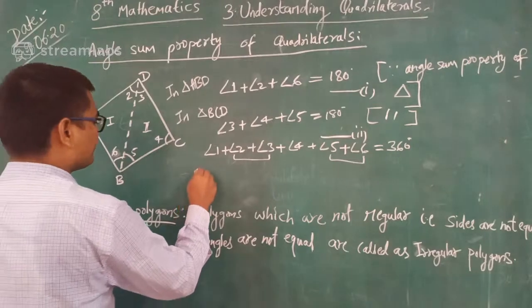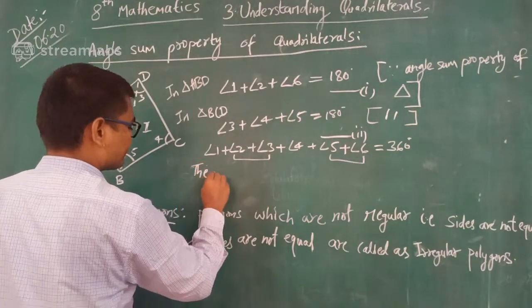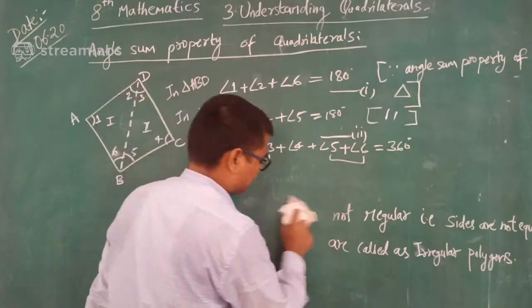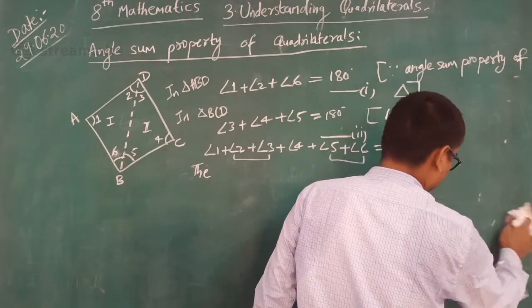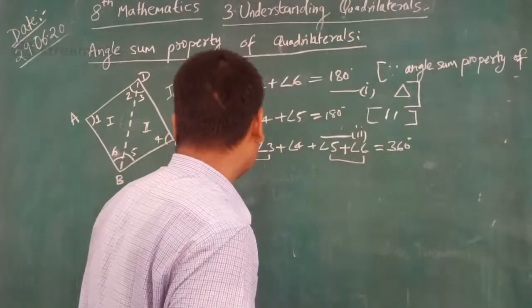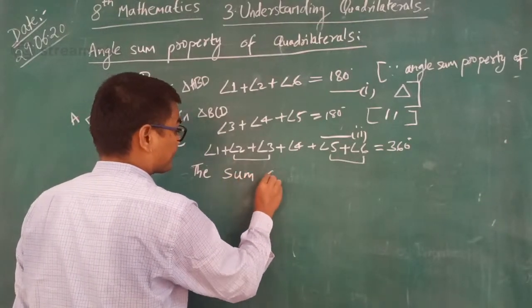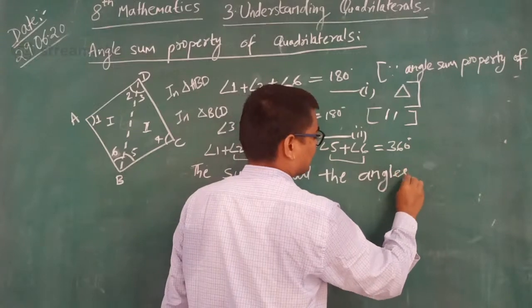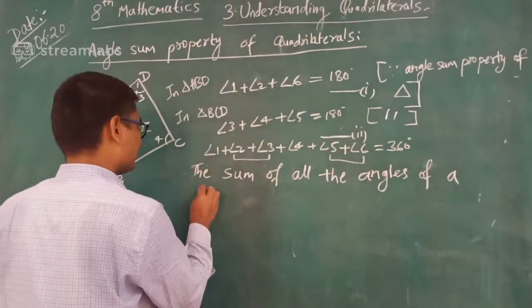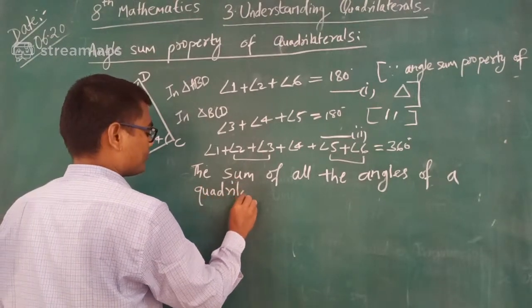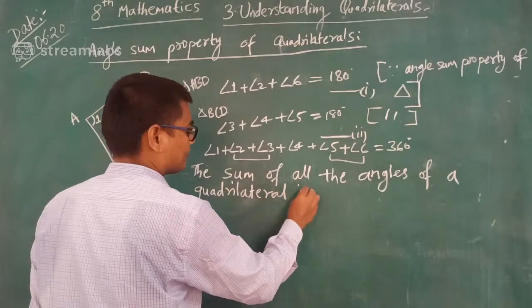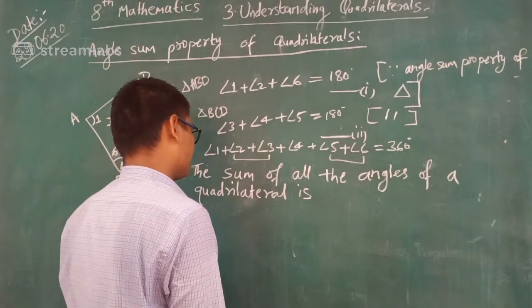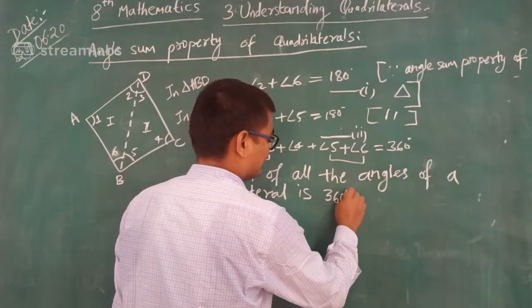Then we see that the sum of all the angles of a quadrilateral is 360 degrees.